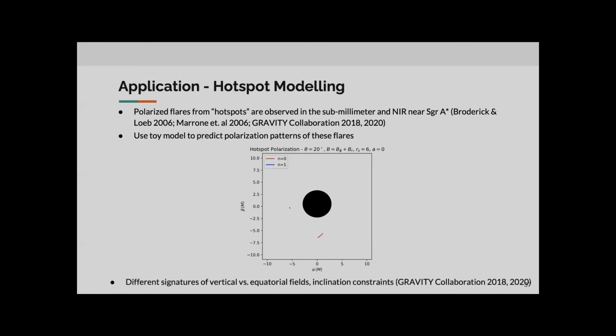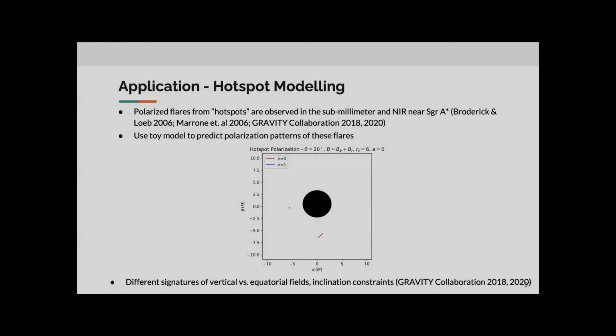And in fact, we validate and confirm analytically previous results about the stark distinctions between vertical and equatorial magnetic fields. So we find that vertical magnetic fields produce very different polarization signatures from equatorial magnetic fields when it comes to viewing these hotspots.